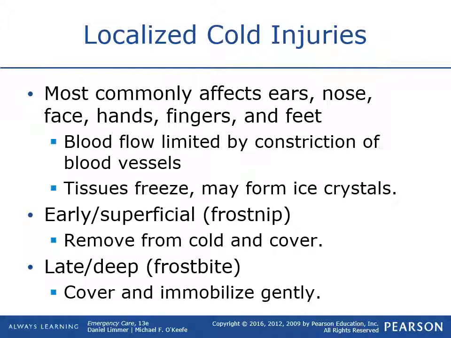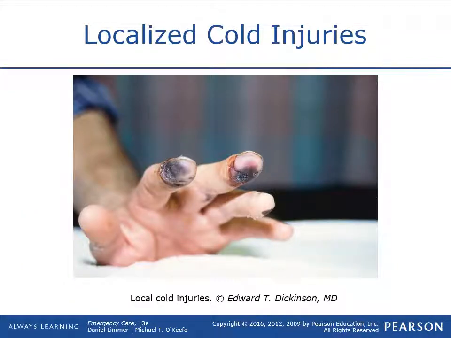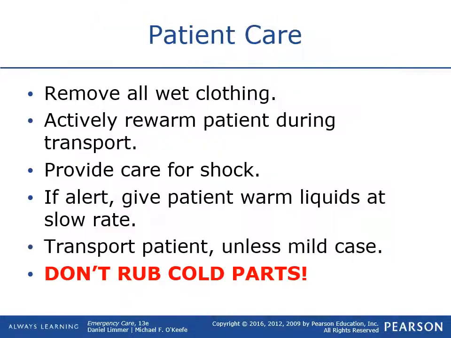So basically, frostnip, how do you care for that? That's just your early superficial stuff: remove from the cold and cover, keep it warm. The frostbite stuff is cover and immobilize gently. Here's a picture of some severe frostbite on some fingers.